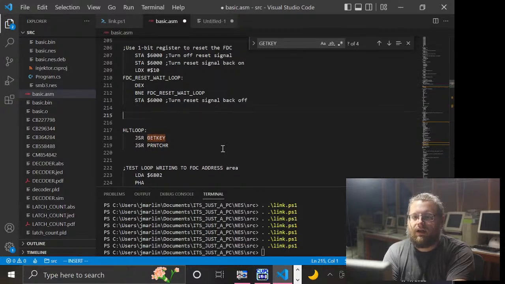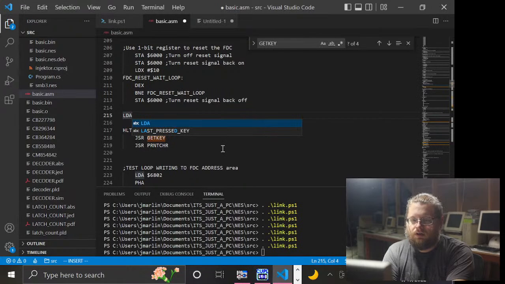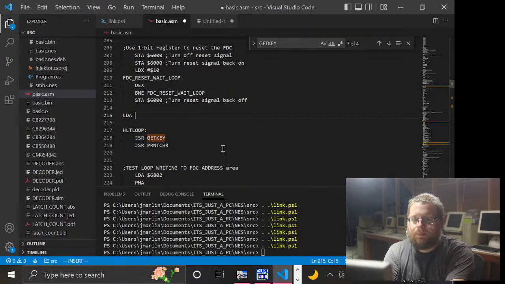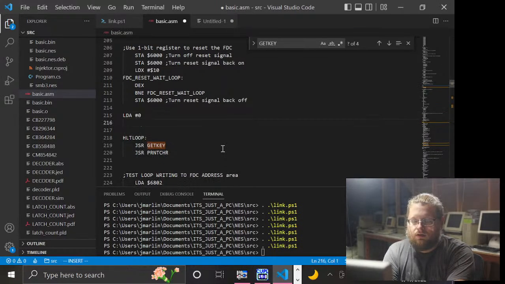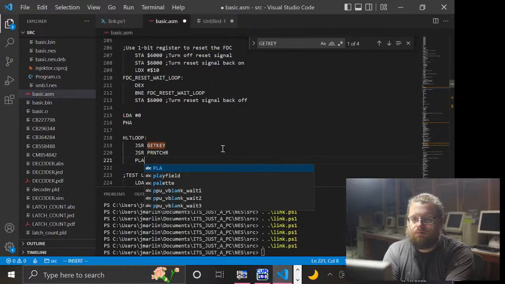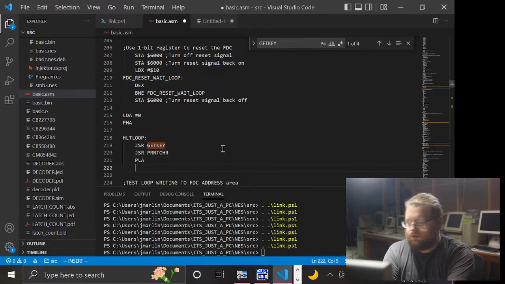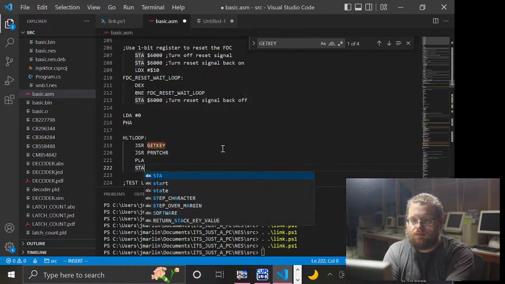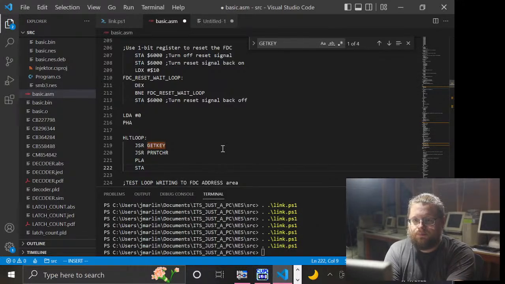We'll start just like I was doing before. Load A, I'm just going to load 0 into it and push it. And we'll do the same thing that I was doing before, which is pull it, store it into the register, 6802.